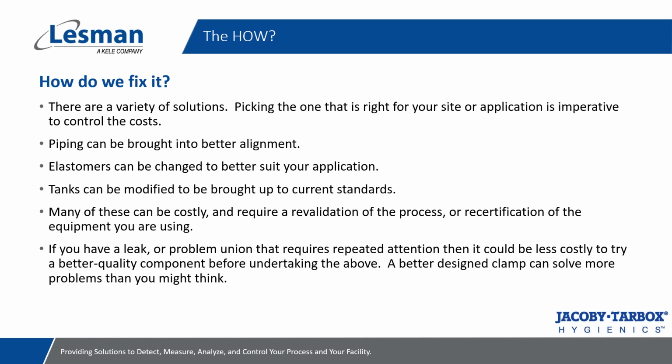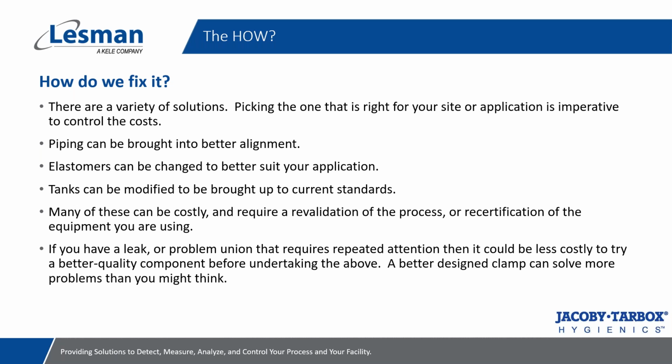But there are many, many applications, right? Piping can be brought into better alignment. You can adjust your pipe hangers to make sure that if your ferrules are not lining up properly, that you bring them into better alignment before you try to clamp them. Elastomers can be changed.